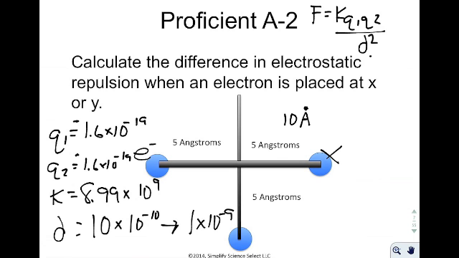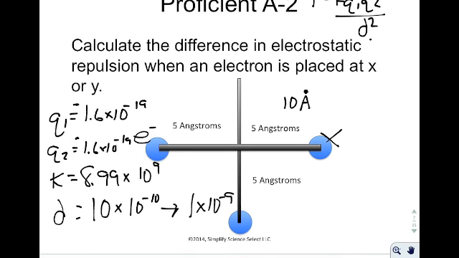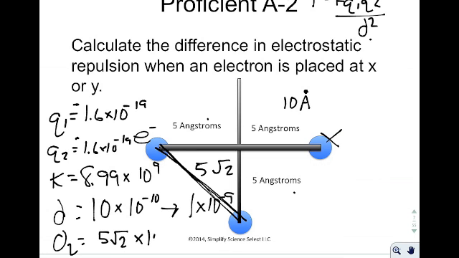And then at that point, we would go ahead and look at the other value. In order to find the other distance, the distance for the second term, you can't look at this distance. You're trying to look at the distance between these 2 points right there. If you look, I have a triangle. You have 5 angstroms and 5 angstroms, which means that this is going to be 5 radical 2. If that's 5 radical 2, we now have our distance for the second trial: 5 radical 2 times 10 to the minus 10th.